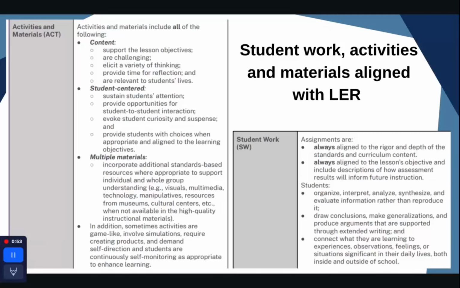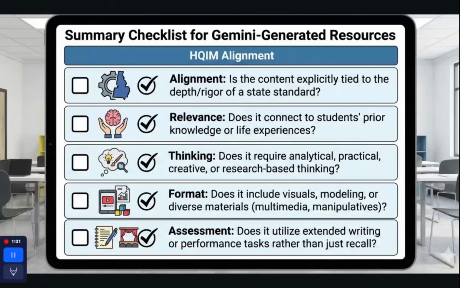This is a gold standard, but we know designing this level of rigor, or finding it from scratch, takes immense time. So this is where Gemini becomes your partner and your assistant. You let AI draft the materials, but you remain the inspector. You're going to use the summaries checklist for every resource Gemini generates to ensure it aligns with the LER rubric and HQIM standards.